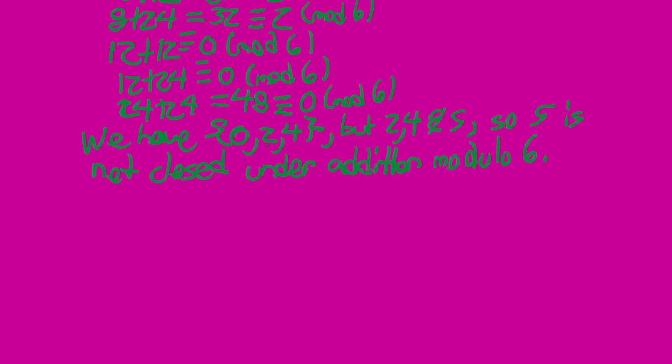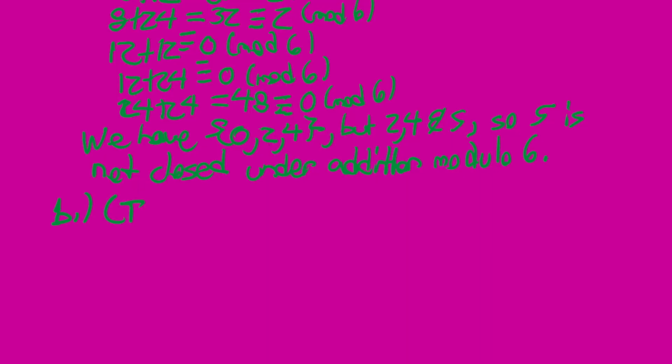So what we have is 0, 2, and 4 with this operation, but 2 and 4 are not elements of S, so S is not closed under addition modulo 6.